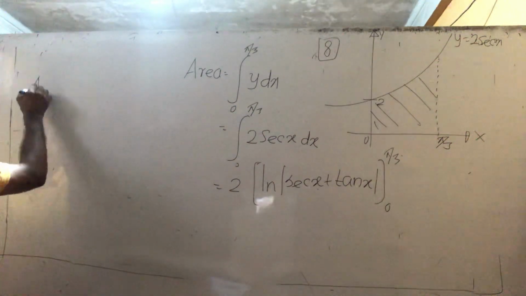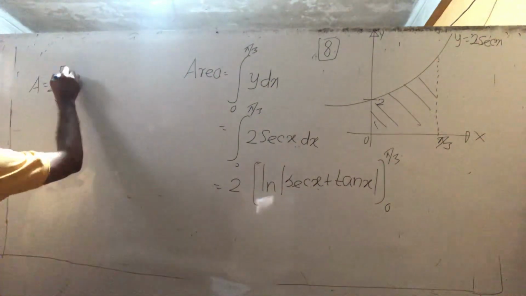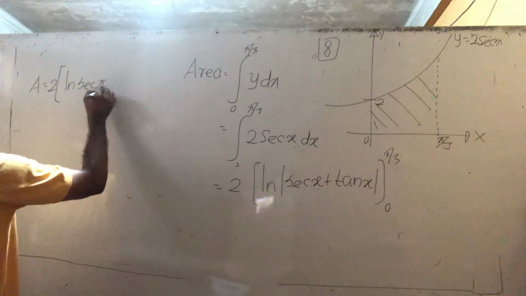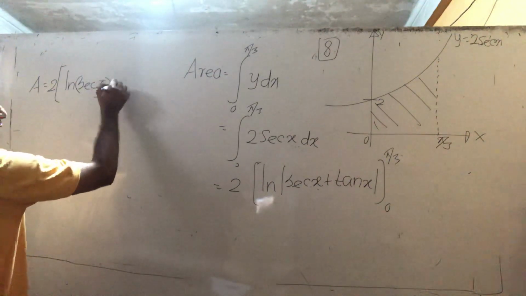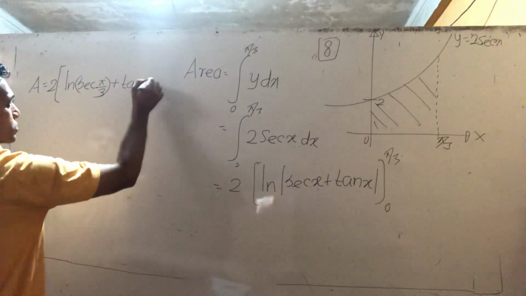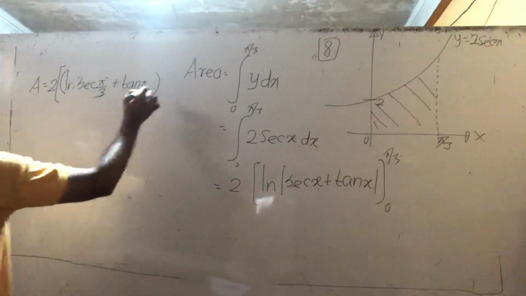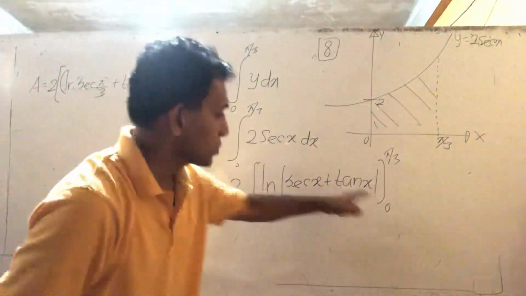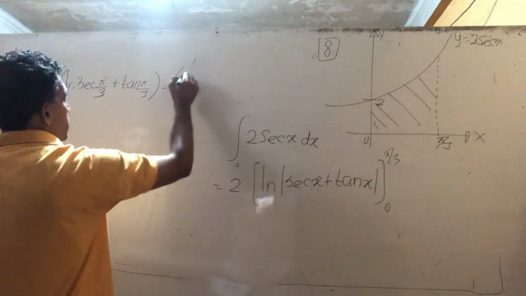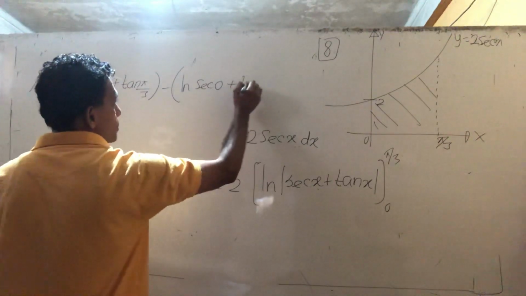So area equals 2 times [log of sec pi by 3 plus tan pi by 3, minus the lower boundary, log of sec 0 plus tan 0].